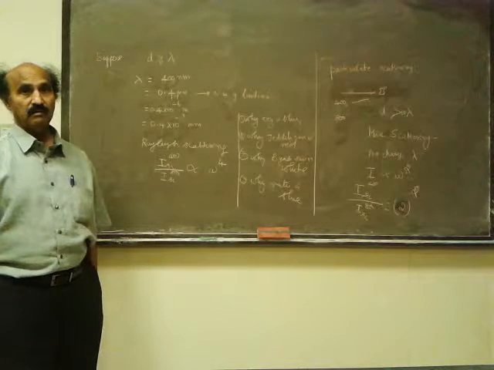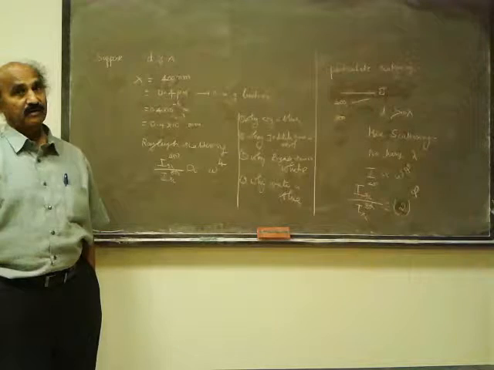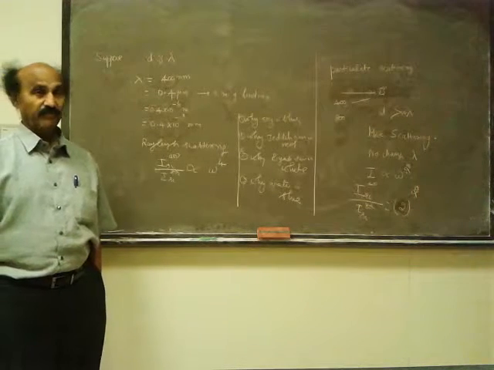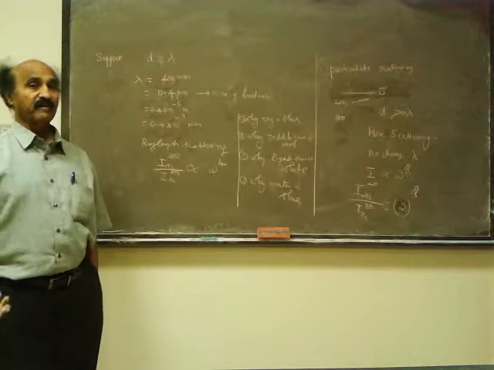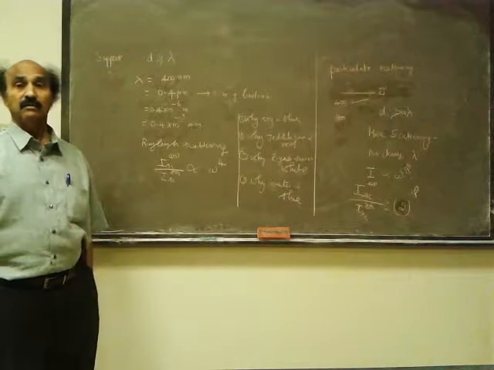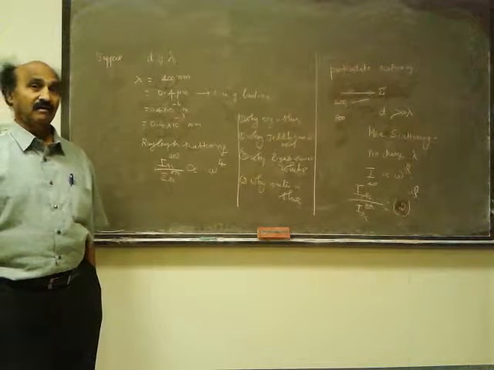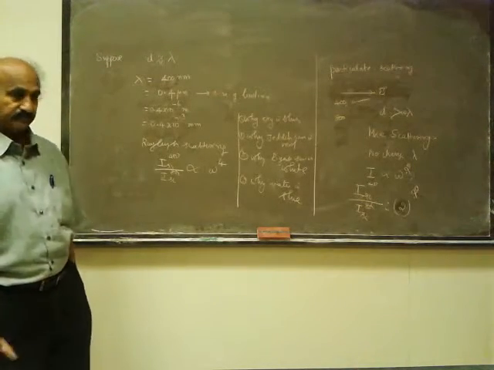Because of Rayleigh scattering. Because the size of the particle is comparable to the wavelength of the sun. So why should it be blue? Why not red? The ultraviolet, something like this. Think about it. Okay.